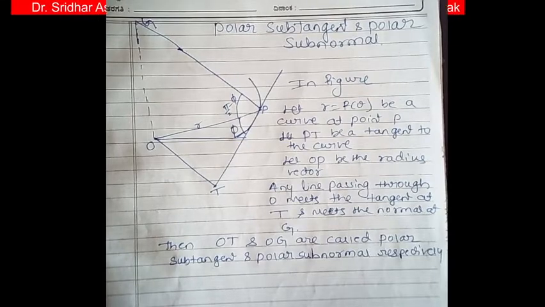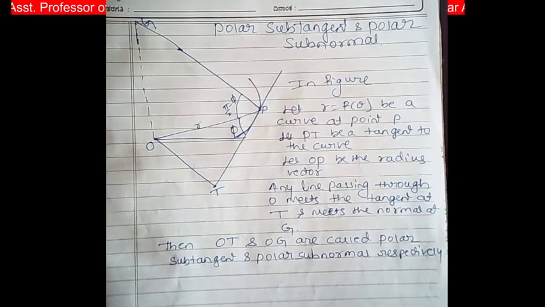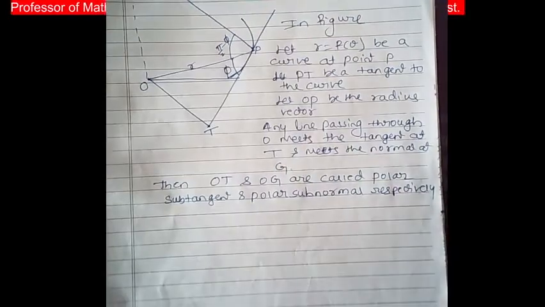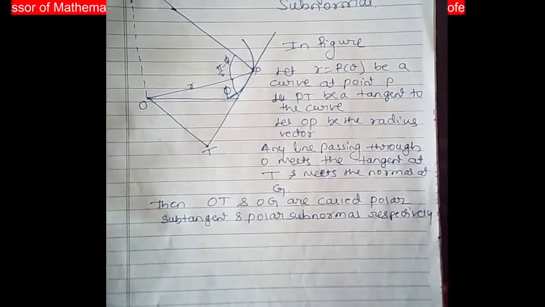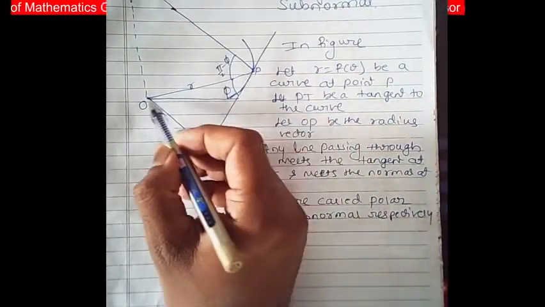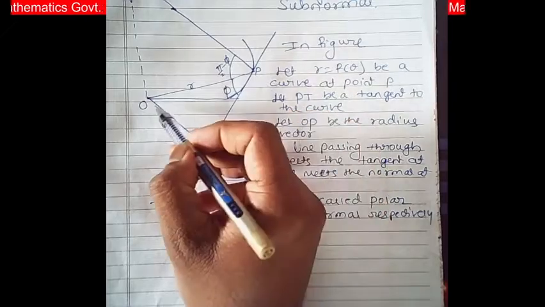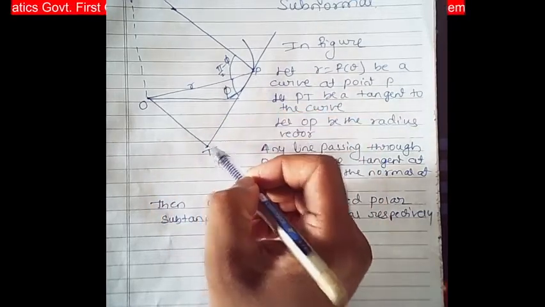Okay, so now we derive equations for polar subtangent and polar subnormal. So for that what we do? We consider this triangle OPT.